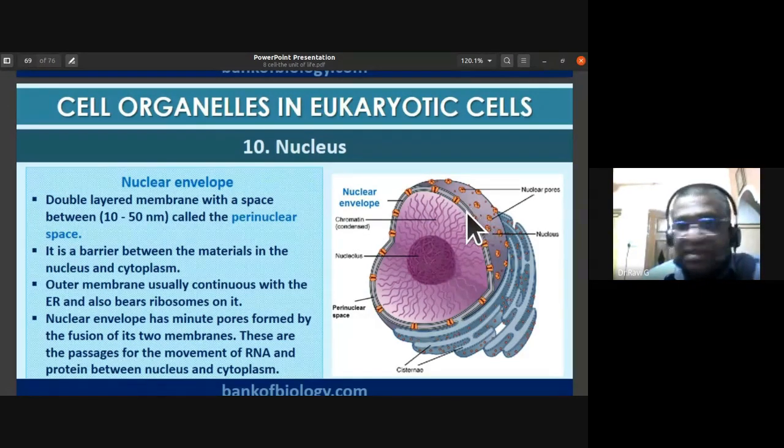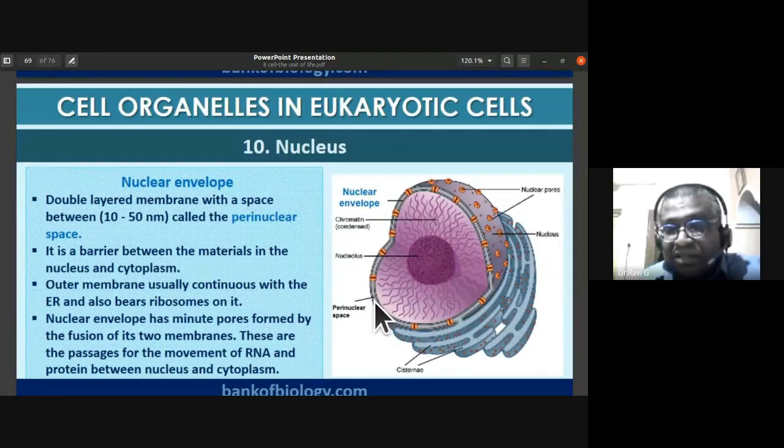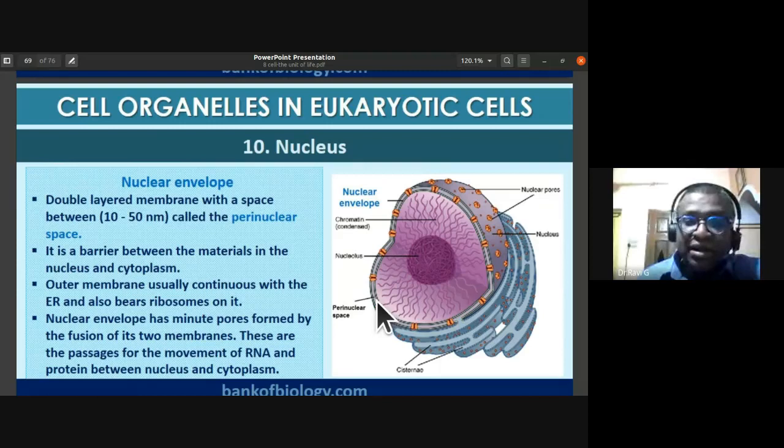You can find two membranes here with a space between, which we call the perinuclear space. The perinuclear space is nearly 10 to 50 nanometers in diameter. A nanometer is 10 to the power of minus 9 meter.